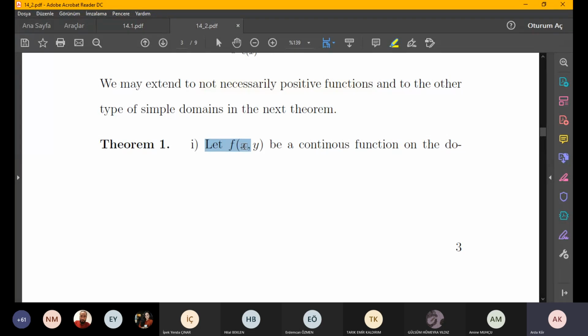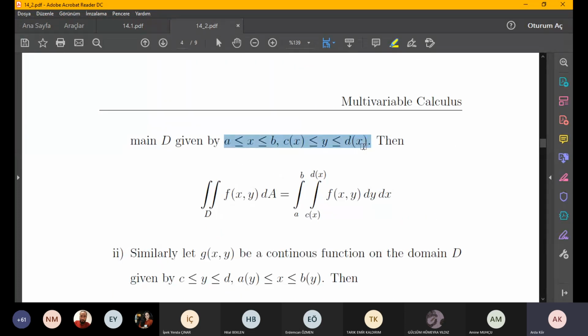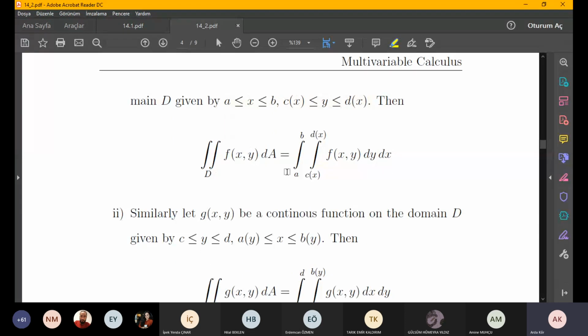Let f(x,y) be a continuous function on the domain D, which is, as you can see, a simple domain. Then the double integral of f(x,y) over D, as we did above, is equal to that double integration. As you can see, first we integrate with respect to y, and after that we integrate with respect to x.